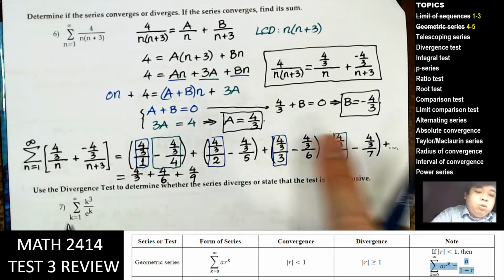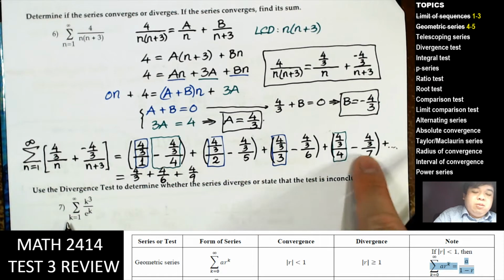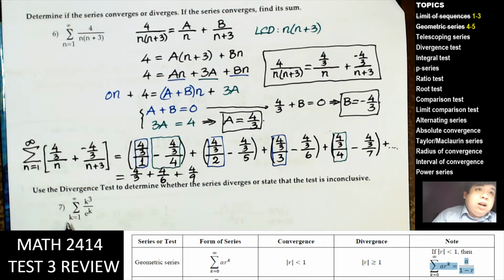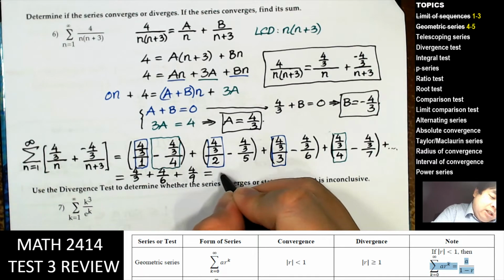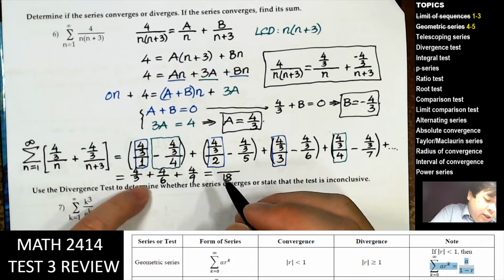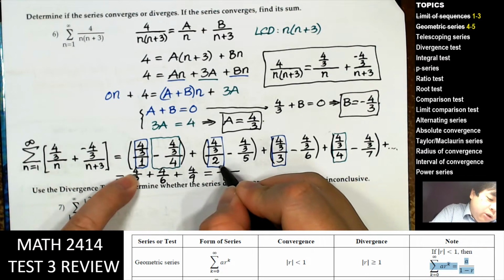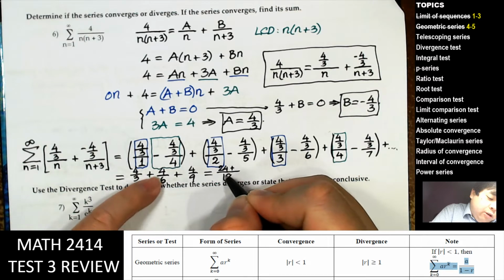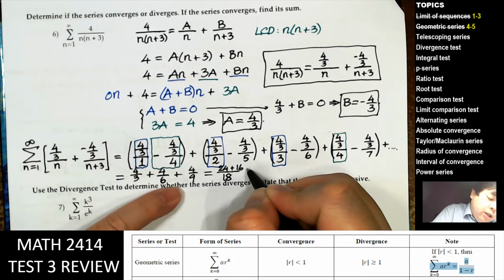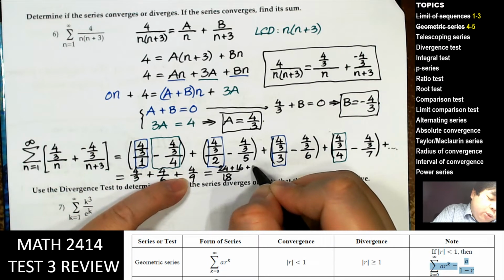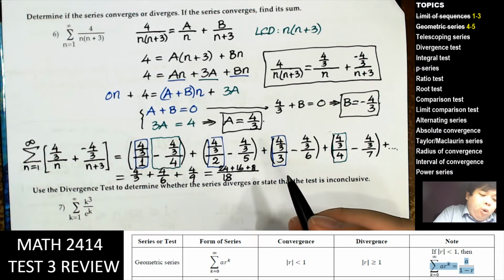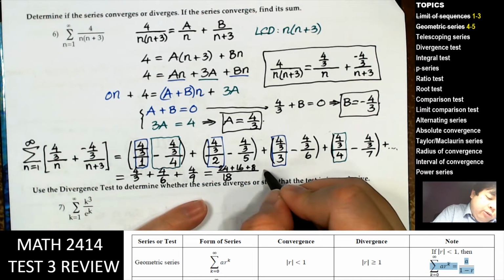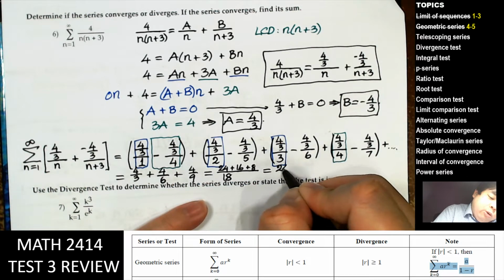Every negative term cancels with one of the positive terms on this side, and we just add all of them up. So the common denominator is 18, and so multiply by 6, 24, by 4, 16, that's 40, and then 2, 8, 48 over 18, 48 will be 24 over 9.